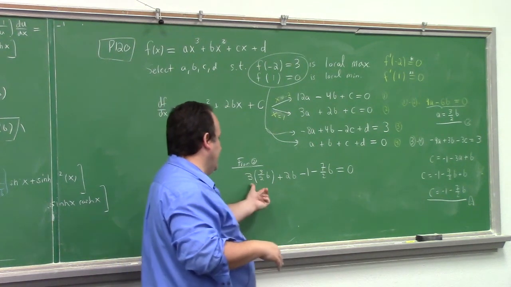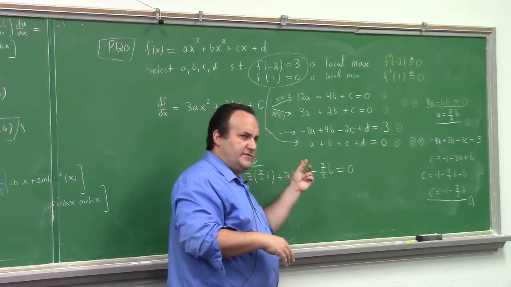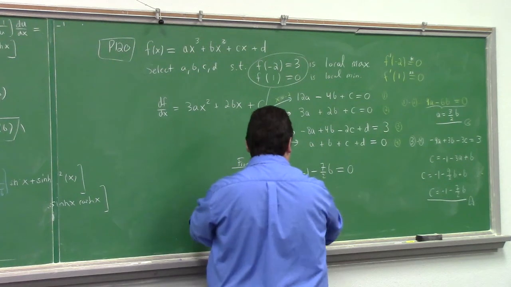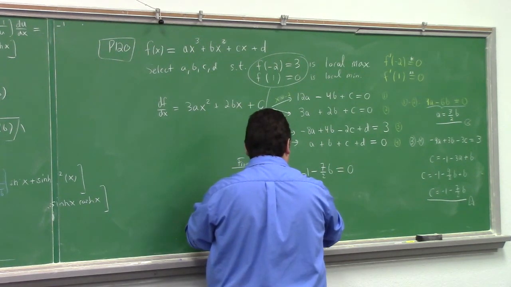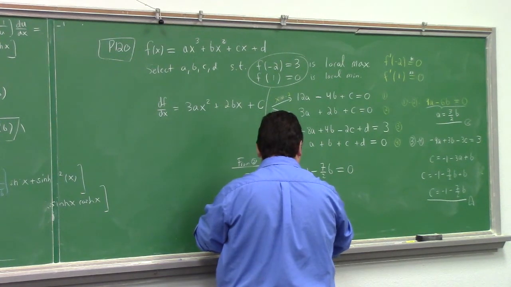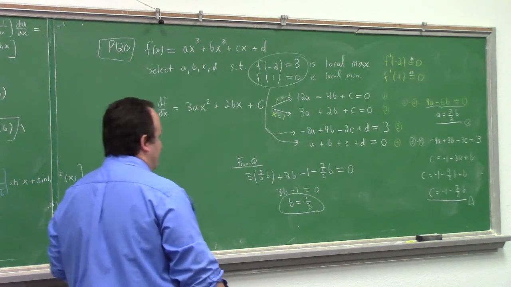So this is 9 halves minus 7 halves, which is 2 halves, so yeah, this and that just simplified to give me 3b minus 1 equal to 0. Apparently b is equal to 1/3. Once you know that b is 1/3, what's a equal to?